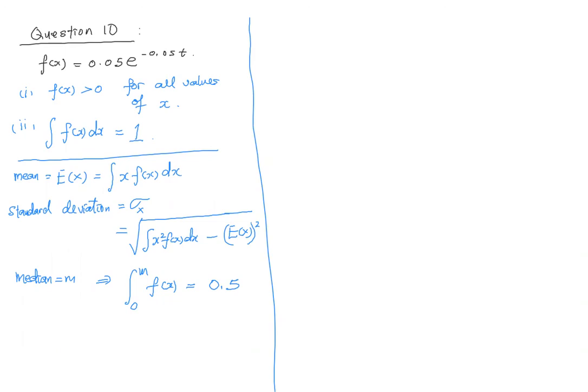So for this one, you can either solve it manually or you can use your solver. So everyone learn how to use your solver. Okay, so this is a continuous variable. So whenever I do this type of question, first of all, I will key into my GC the probability density function.